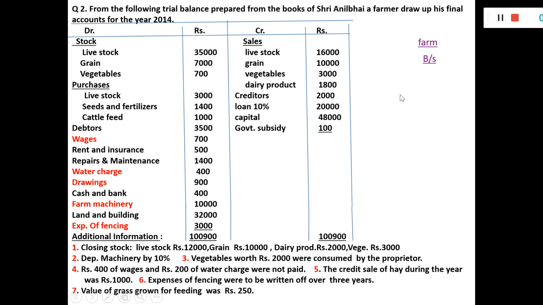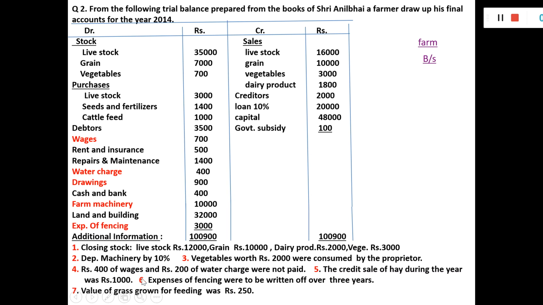Go to the sum. Fifth adjustment, the credit sale of hay during the year was rupees 1000.